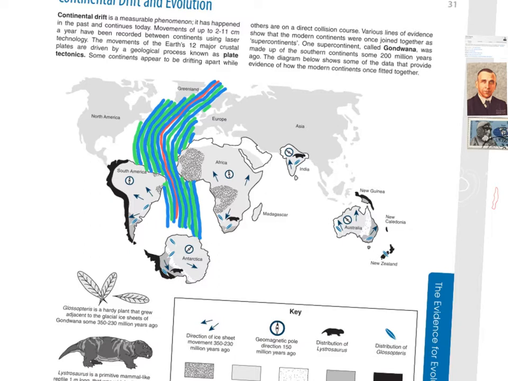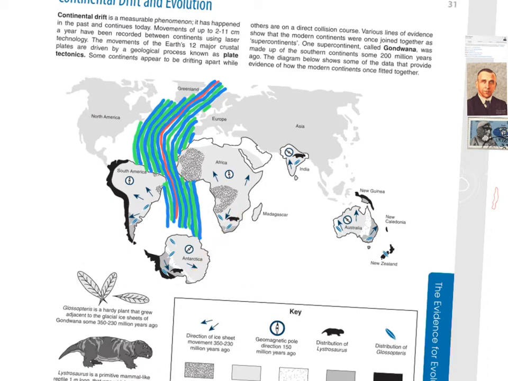So these lines not only suggest separation, because they suggested that these were all liquid at the same time, and these were liquid at a different time, but they also suggested that these land masses were turning in circles. The fossils that are the same on each side suggest that these land masses were connected.